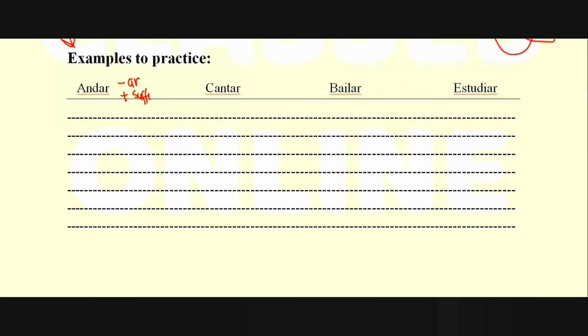For example, we have taken andar, drop ar and add suffixes. Before that we have to write the root word of the verb. Drop ar and write it 6 times, because we are going to have 6 conjugations.